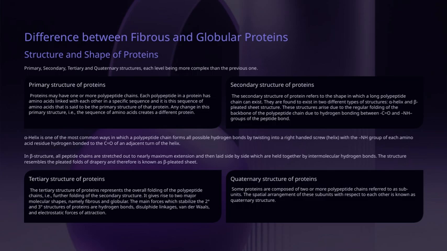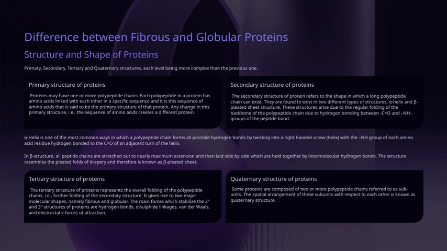The stability of these structures relies on various forces, including hydrogen bonds, disulfide linkages, van der Waals forces, and electrostatic interactions. Focusing on the beta structure, all the peptide chains are extended to their maximum length and laid side by side, held together by hydrogen bonds.